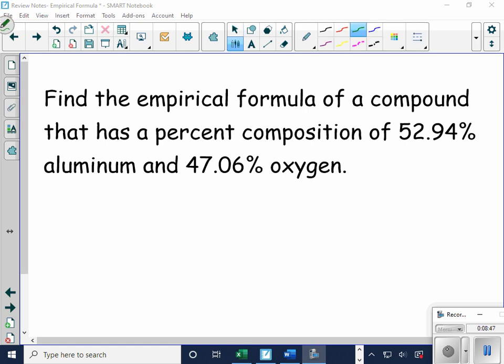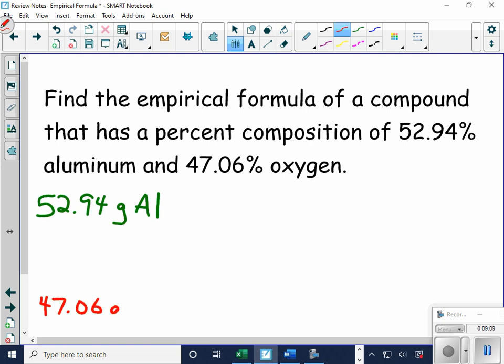Once again, I'm going to start out by taking the percentage, 52.94% aluminum, and convert that into grams of aluminum. So I'm going to have these out of 100 total grams. That means I'm going to have 47.06 grams of oxygen.